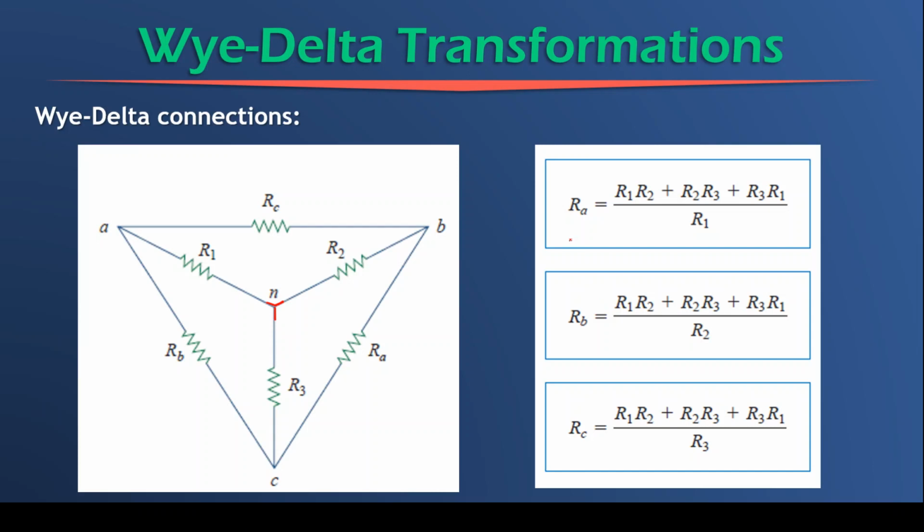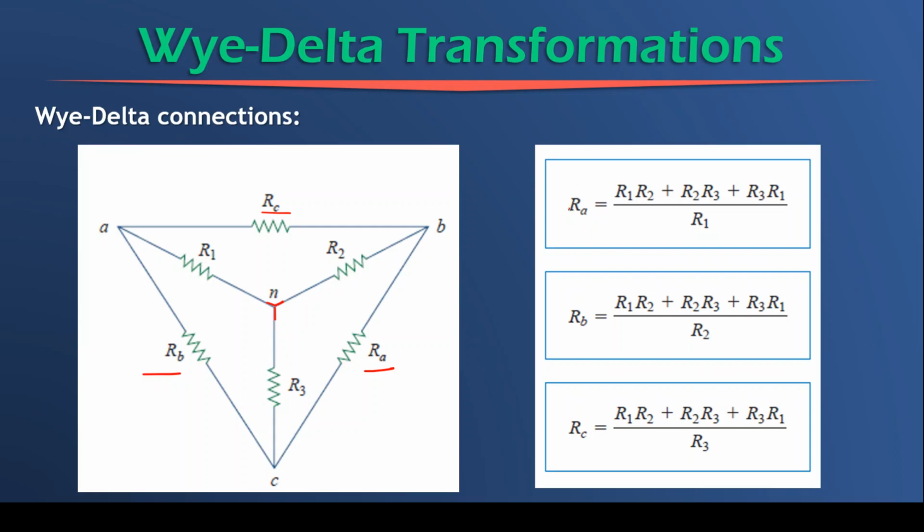So first, let's look at the movement from your Y-connected circuit to the delta-connected circuit. So with the delta-connected circuit, we're going to have RA, RB and RC as the unknowns that we're going to calculate from known values of R1, R2 and R3. So the equation goes as follows.